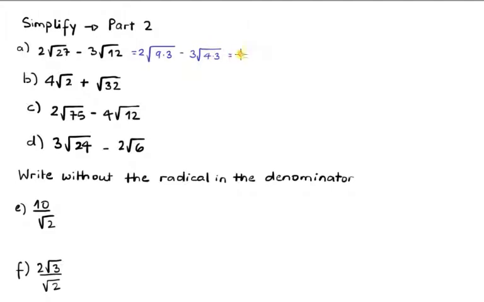This is brilliant because now I can express 9 as 3 squared times 3 minus 3, and express 4 as 2 squared times 3. Now I can pull out all the perfect squares from within the root to outside, so I can make this 3.